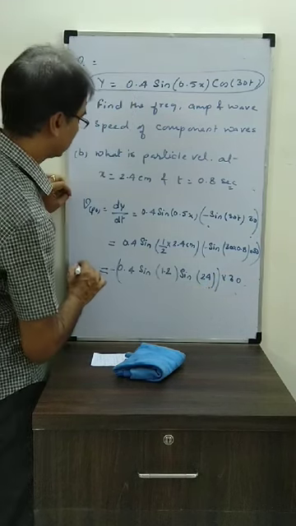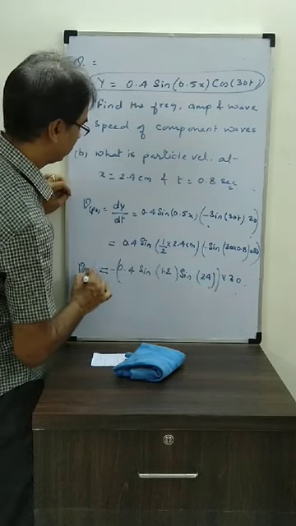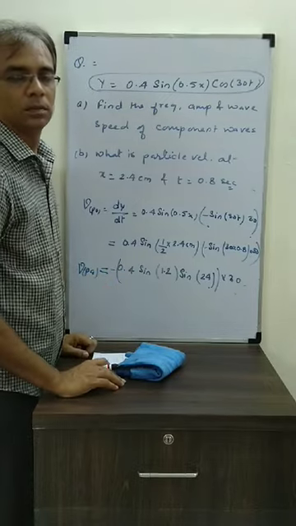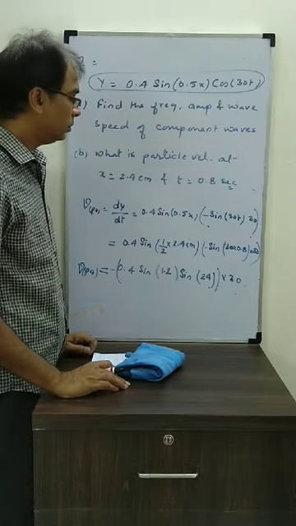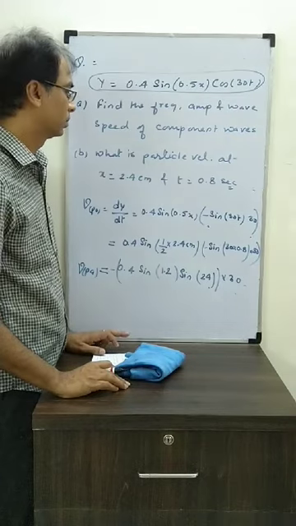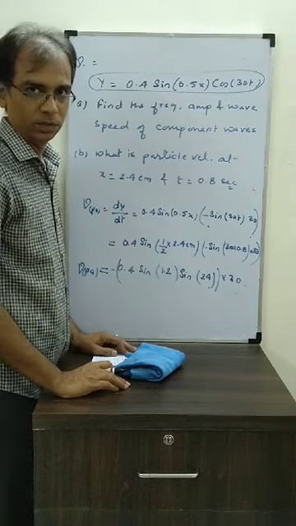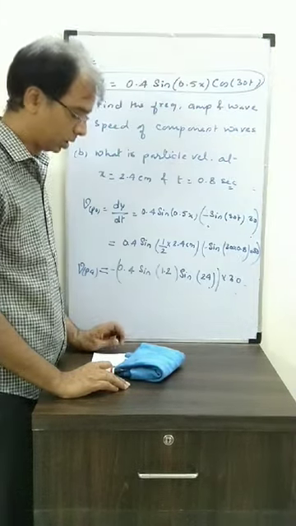This will be the velocity of the particle. Okay, this is the velocity of the particle. I hope it's clear to you. Okay, let's go on to the next question now.